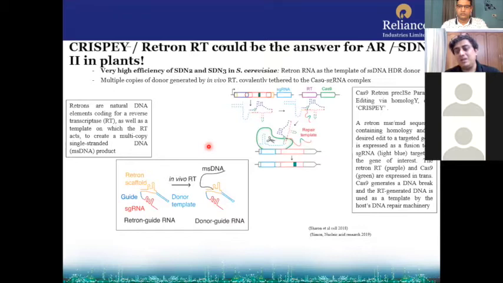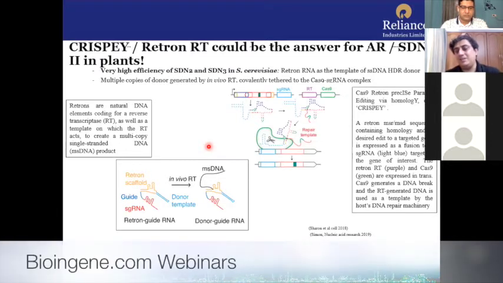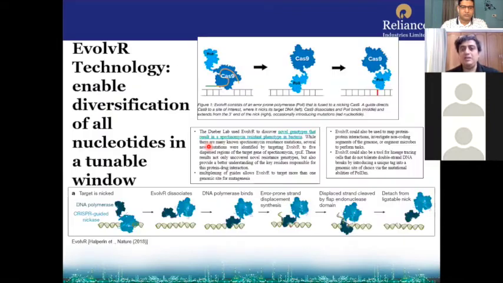Now the template, you can design that template, you can introduce your gene of interest there, and then this whole thing can go inside of the cell. The template can be made in front of the cut site, and homologous recombination can happen, and that template can get inside of the cell by this modified CRISPR technology.